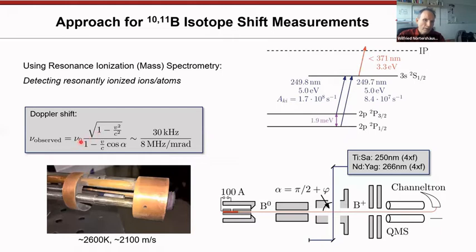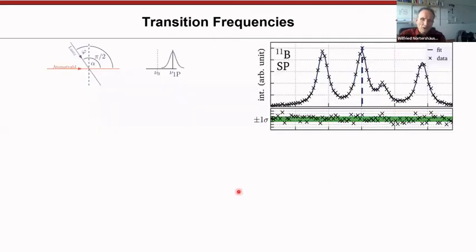If you look at the Doppler shift of the moving atoms and the laser beam, we have a second order Doppler shift, which is on the order of about 30 kilohertz at this temperature. But we also have an angular dependence on the angle between the atom beam and the laser beam, and this is about 8 megahertz per milliradian. So we have to be very careful about this angle. Therefore, Bernhard Maass had an idea how to measure this.